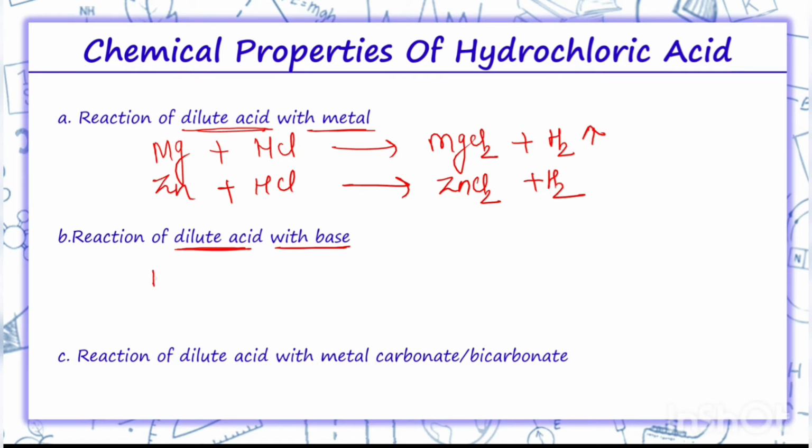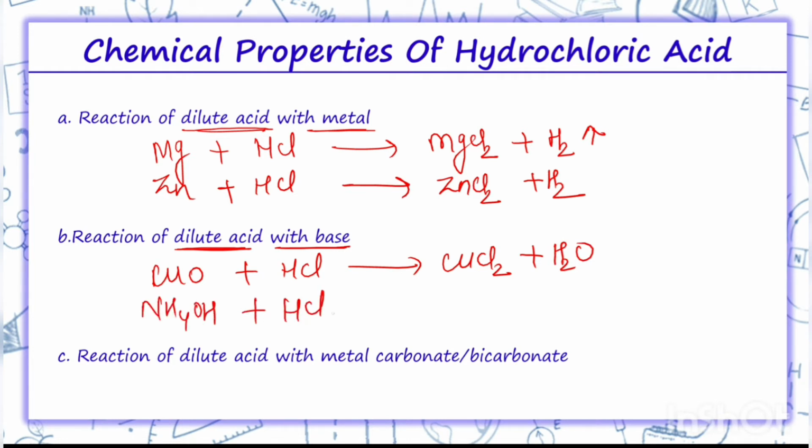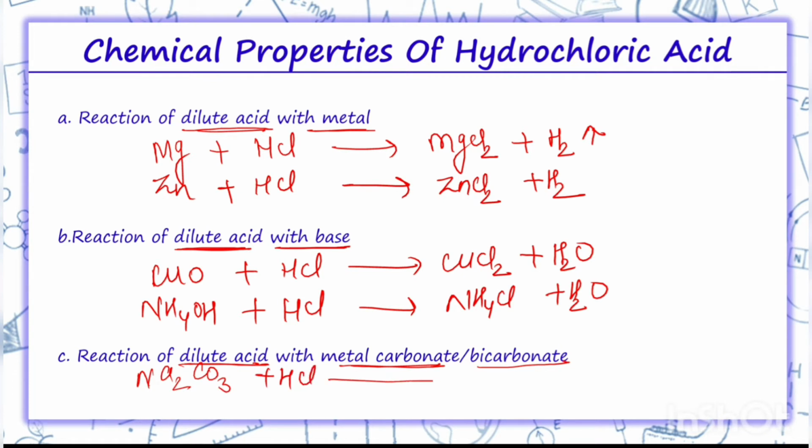We have base like CuO, which reacts with HCl to form CuCl2 plus H2O. We have base like NH4OH, which reacts with HCl to form NH4Cl plus water. Dilute acid also reacts with metal carbonates and bicarbonates, like metal carbonate Na2CO3 plus HCl gives NaCl plus H2O plus CO2.